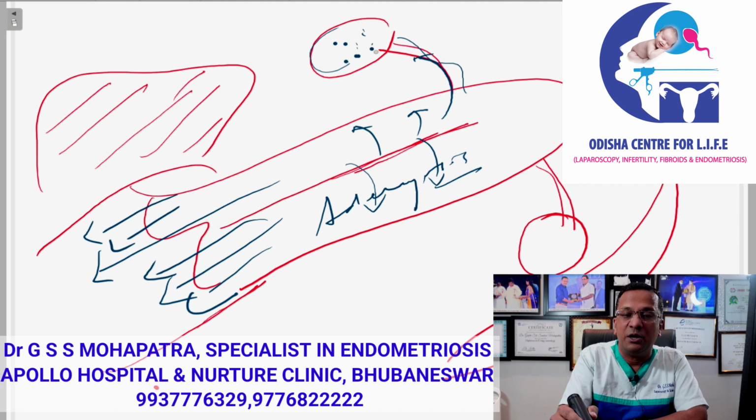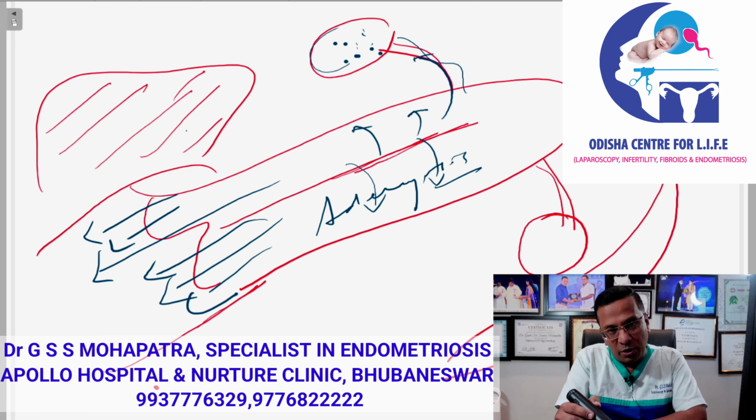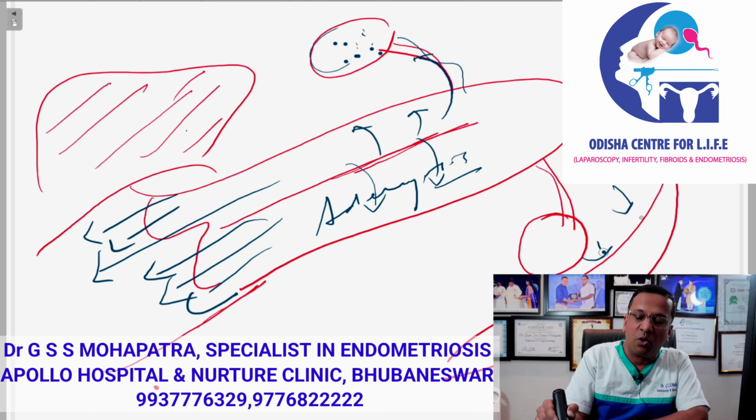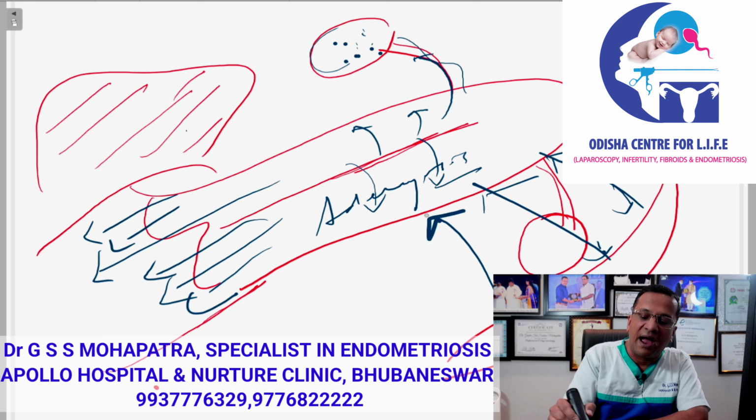Some amount of blood may get deposited on the urinary bladder, that is called a bladder nodule, bladder endometriosis, and some amount of blood might get deposited onto the intestine and cause the intestine to be pulled towards the uterus, causing the intestine to be adherent to the posterior surface of the uterus.